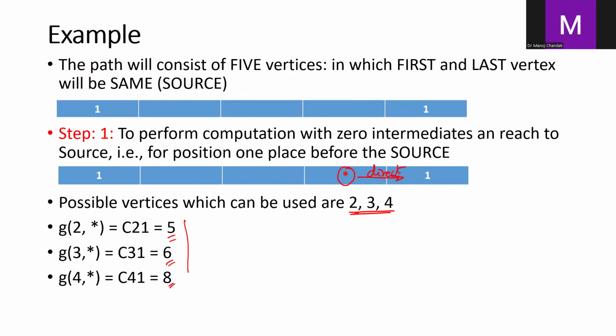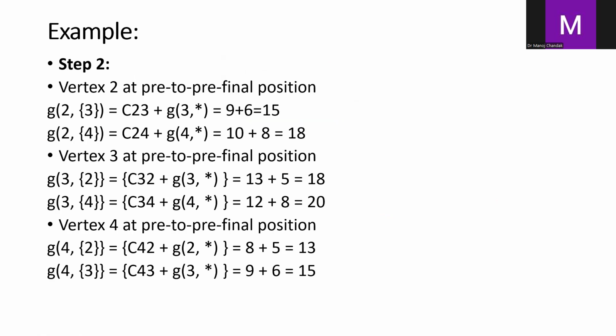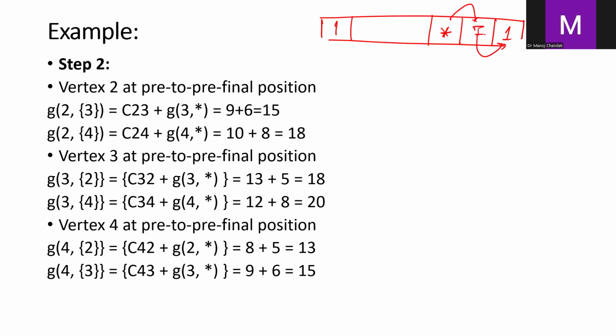Now the formula becomes more complex if I am using one intermediate. So for example, if I have the path like this, okay, and I'm writing 1 here and I'm writing 1 here, and I am standing at this location. So then I will have to travel here and then here. So this becomes my intermediate one. Now if I'm taking available vertices as 2, 3, 4, and I'm writing 2 here, then the possible intermediates will be what?